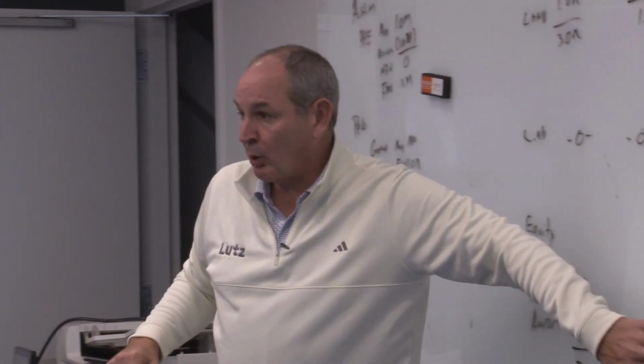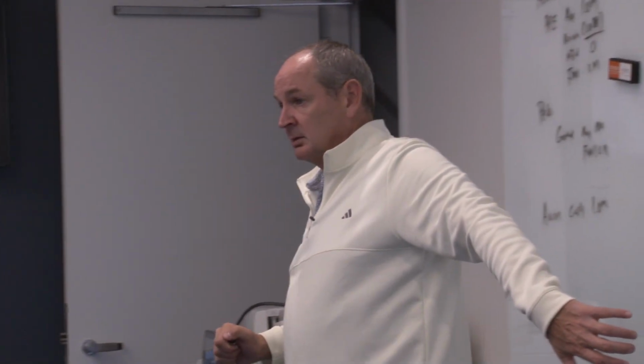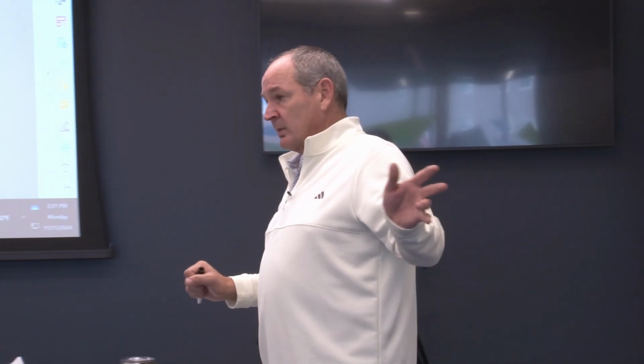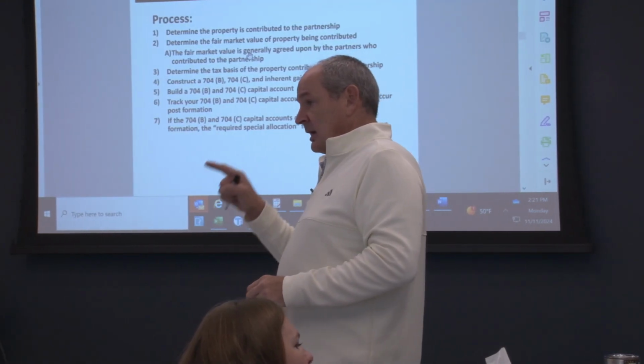But the construction of the balance sheet tells us which partner has the inherent gain. It also tells us which asset has the inherent gain embedded in that asset. And when we know which asset has the embedded gain and which was the contributing partner, we know who to tie that inherent gain to.